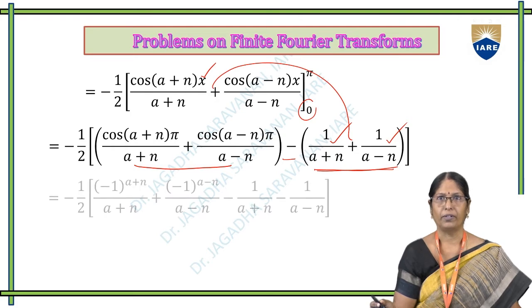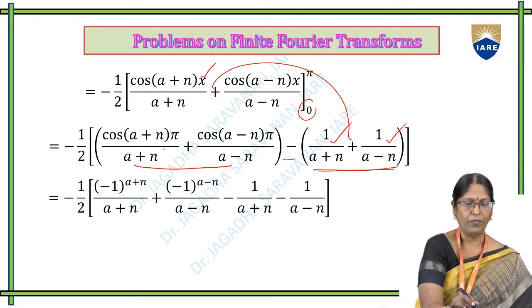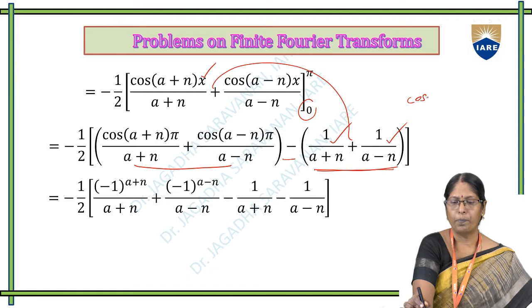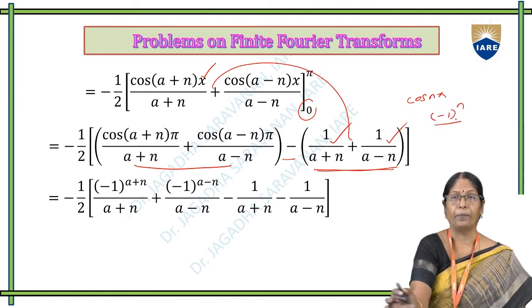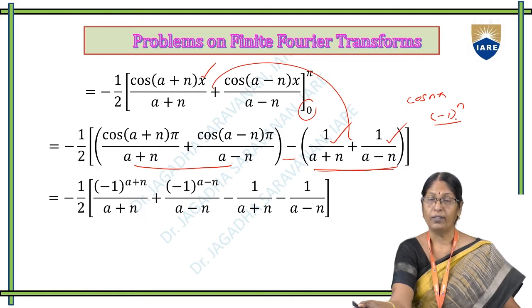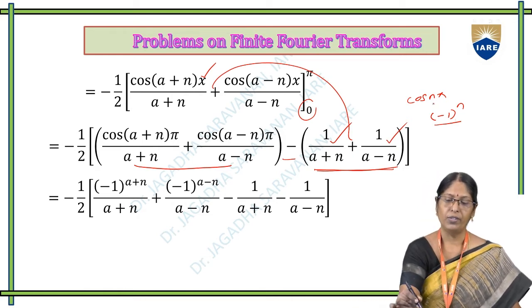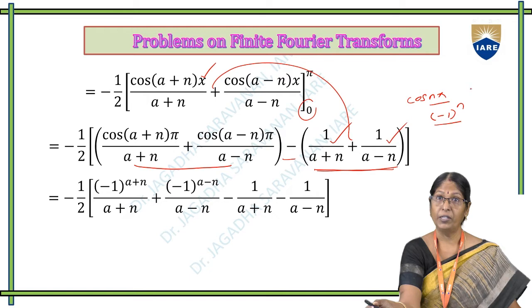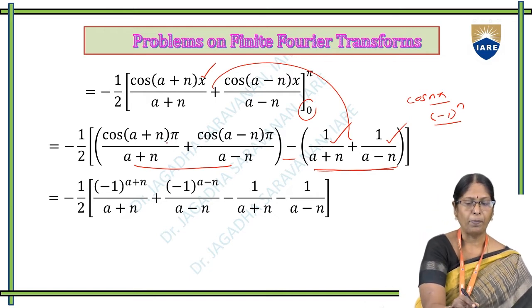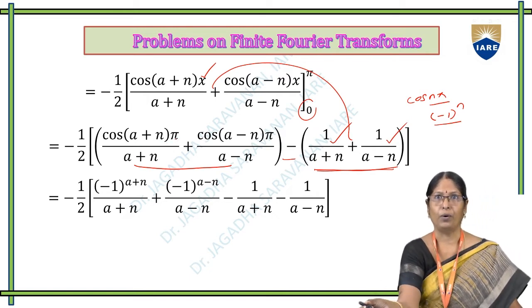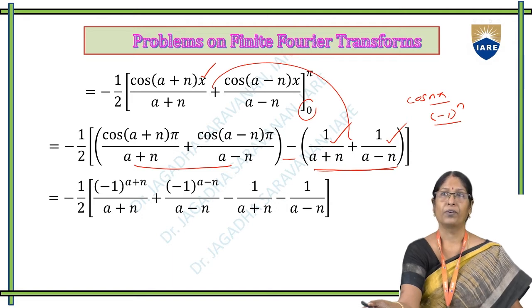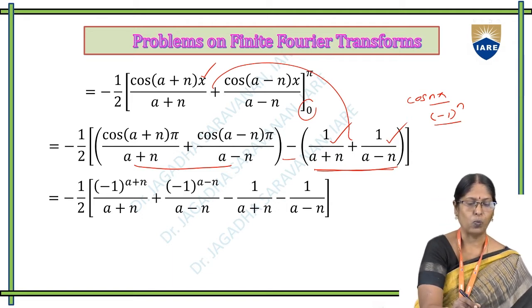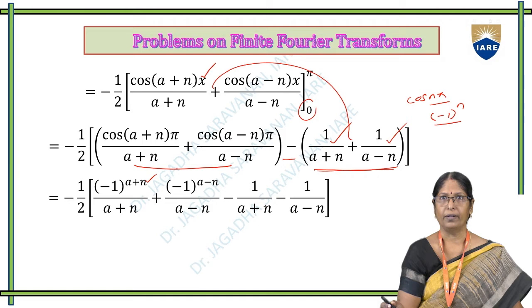Now, if it is cos n pi, the value is minus 1 power n. But instead of n pi, we have a plus n of pi. So that is why it is written minus 1 power a plus n.